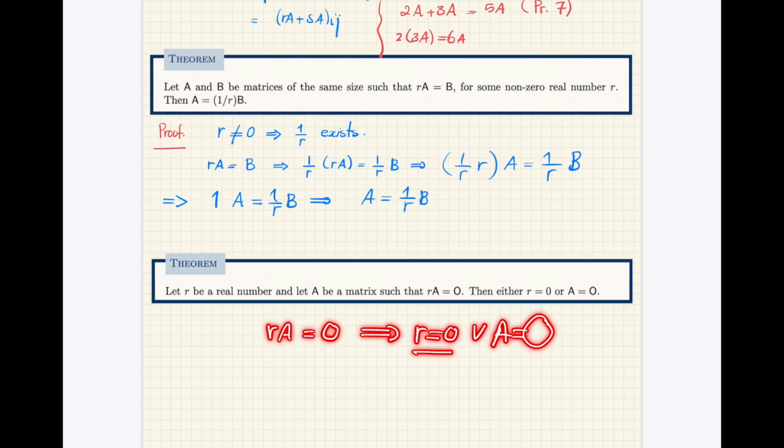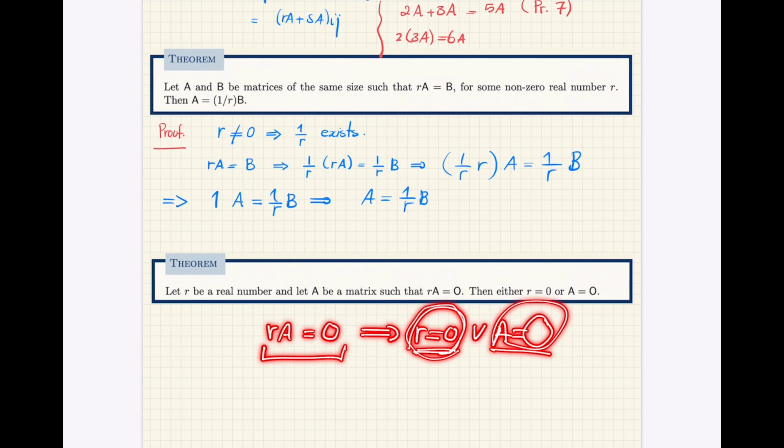So let us assume that R is not equal to 0 and show that definitely A is equal to the zero matrix. Is this logic clear for everyone? We want to show that under this condition, either this happens or that happens. I would say that if this happens, we are done. So we show that if this does not happen, then definitely this has to happen. Is the logic clear?